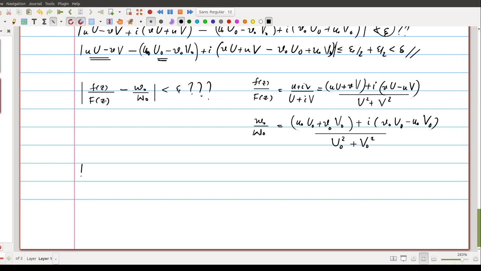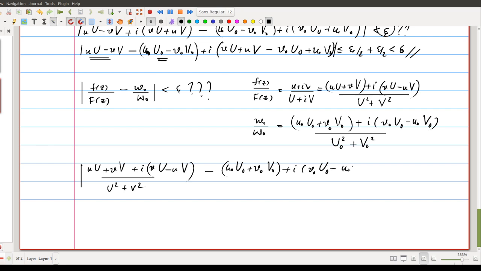We know that this quantity, u plus v, tends to plus I times (v capital U minus u capital V), this minus this thing, divided by u square plus v square, minus similarly (u naught capital U naught plus v naught capital V naught) plus I times (v naught capital U naught minus u naught capital V naught), divided by u naught square plus v naught square, is less than epsilon, because we know that u tends to u naught, v tends to v naught, capital U tends to capital U naught and capital V tends to capital V naught.